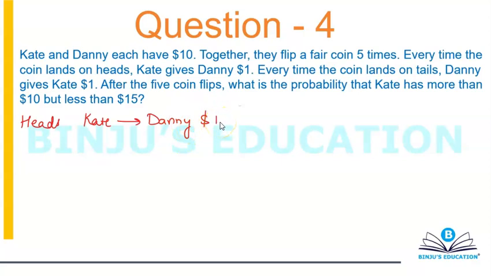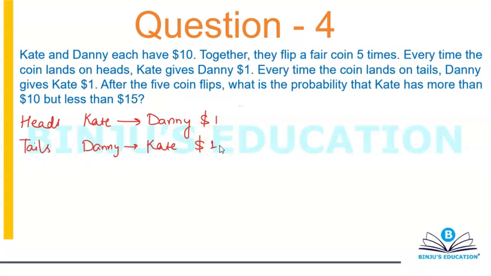Every time the coin lands on tails, so every time it's tails at the top face, Danny gives Kate $1. Okay.